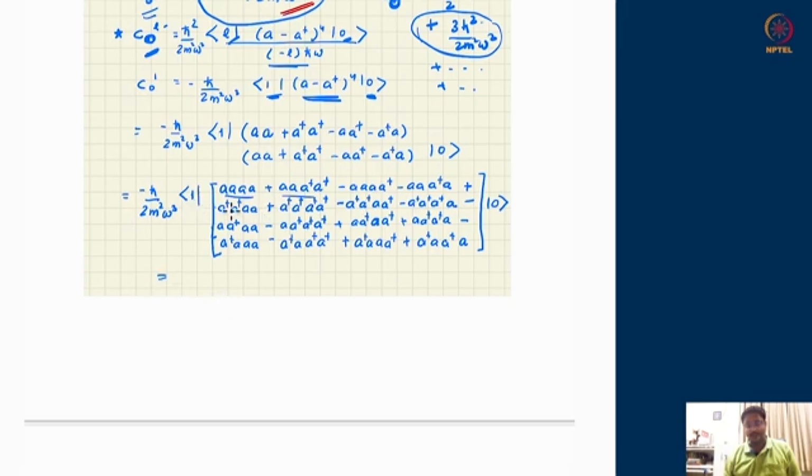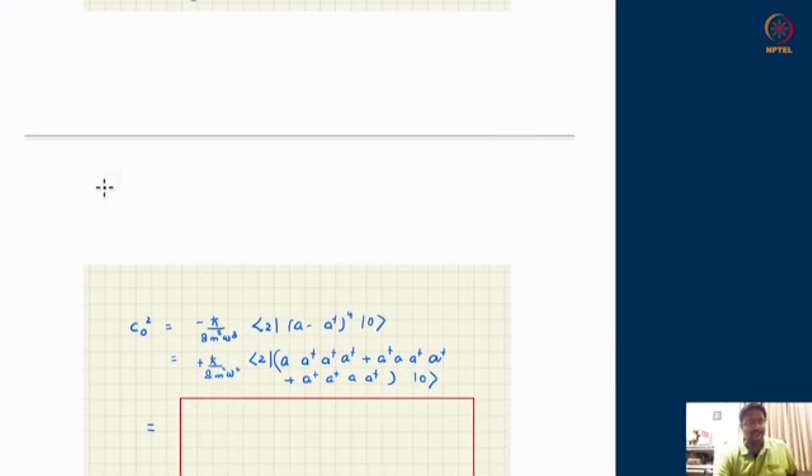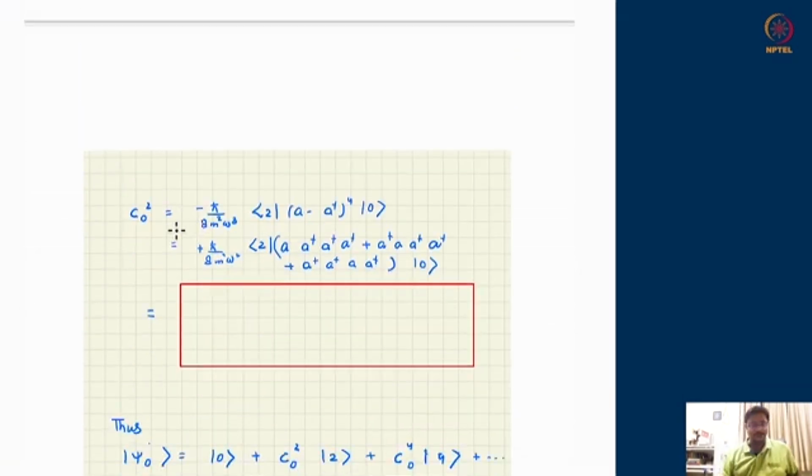So therefore, when none of the terms survive, the overall correction is 0. That means C_01 is 0. That does not tell me that there is no correction. It just tells me that it has no projection along the first eigenfunction.